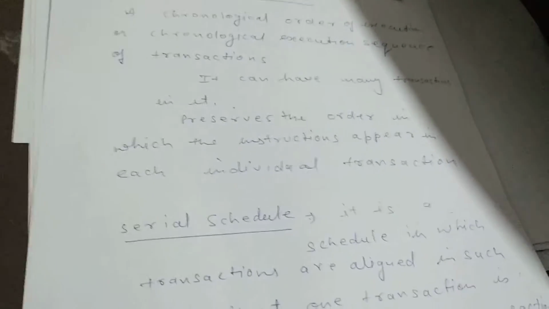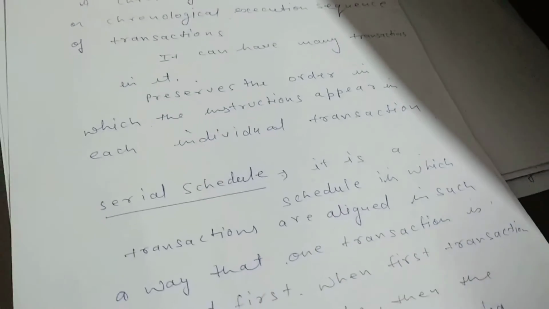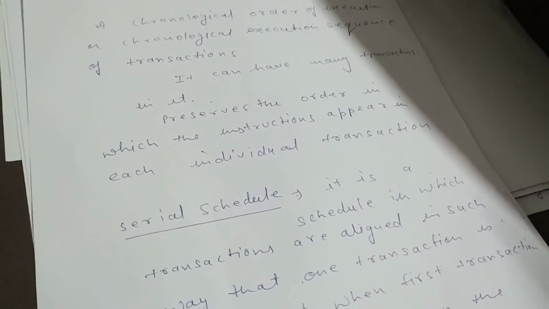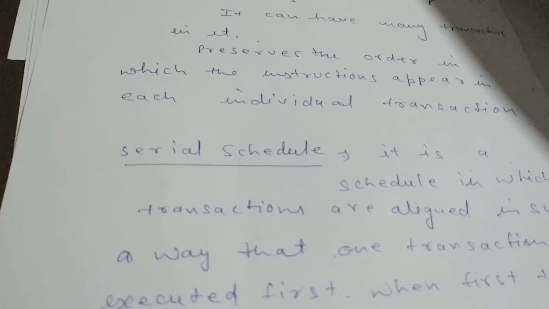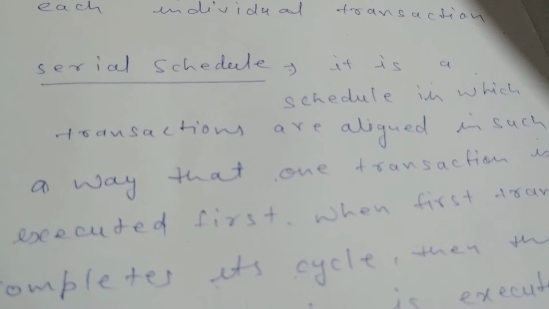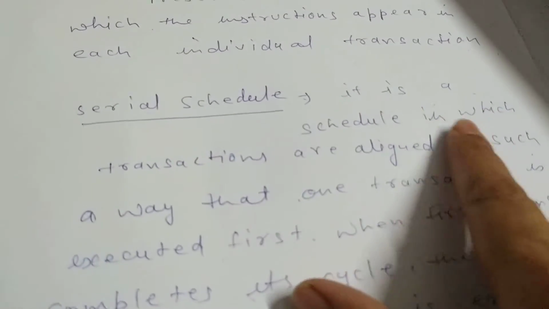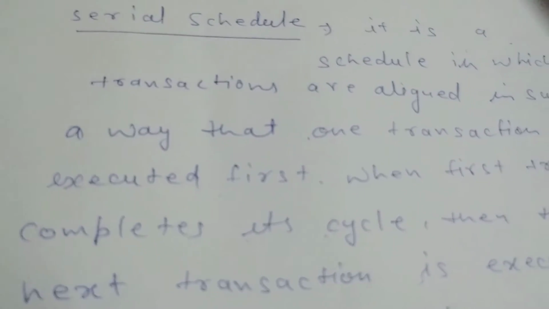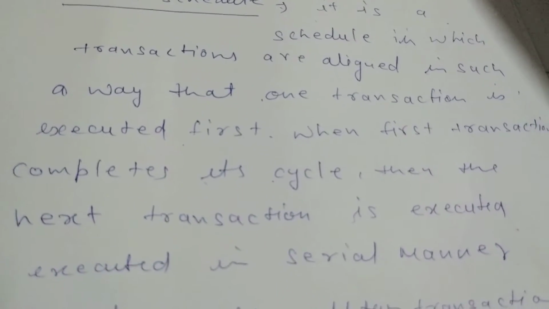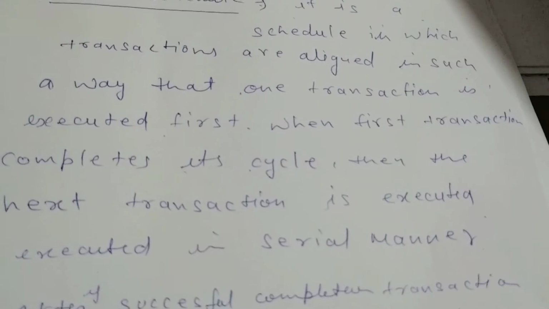Next is serial schedule. What is a serial schedule? It is a schedule in which transactions are aligned in such a way that one transaction is executed first.